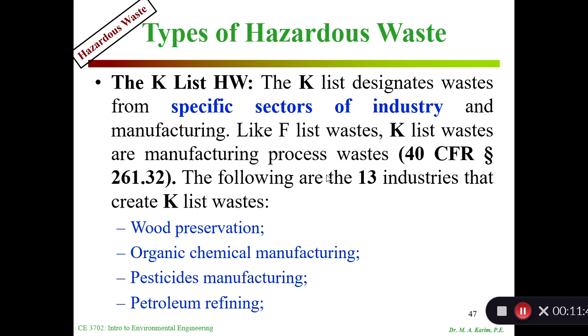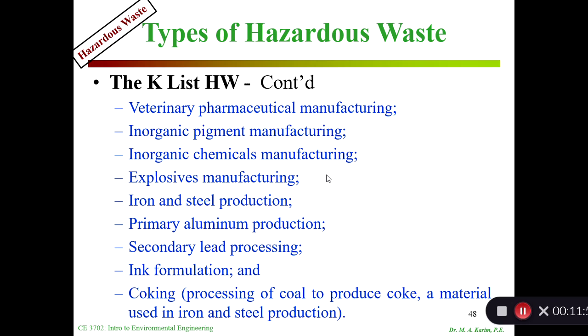There are 13 sectors: wood preservation, organic chemical manufacturing, pesticide manufacturing, petroleum refining, veterinary pharmaceutical manufacturing, inorganic pigment, inorganic chemicals, explosive manufacturing, iron and steel production, primary aluminum production, secondary lead processing, ink formulation, caulking, processing of coal to produce coke, and material used in iron and steel production. So these are the K listed wastes.